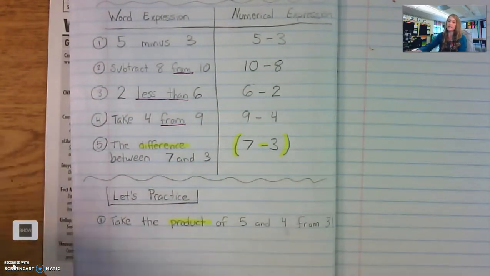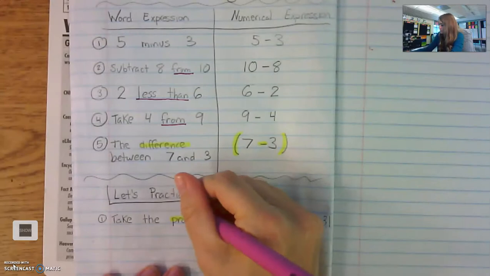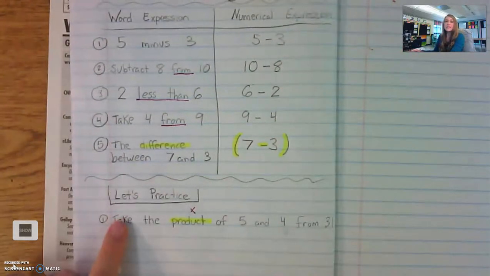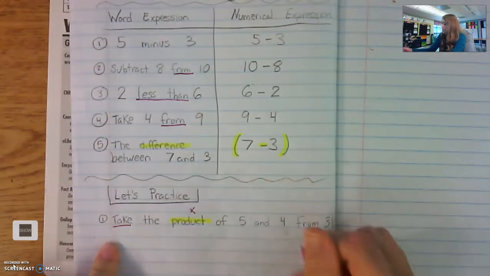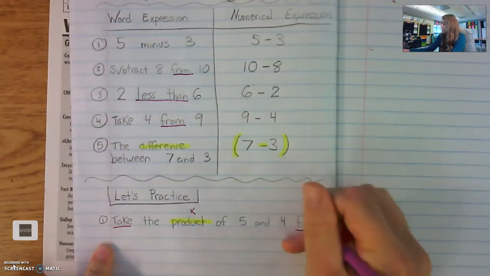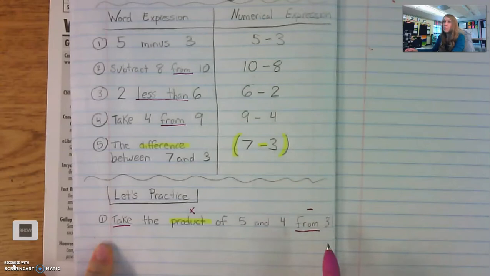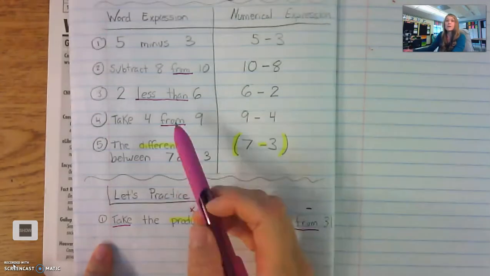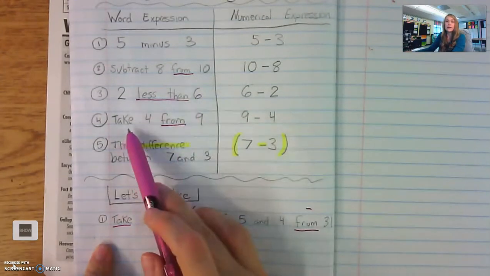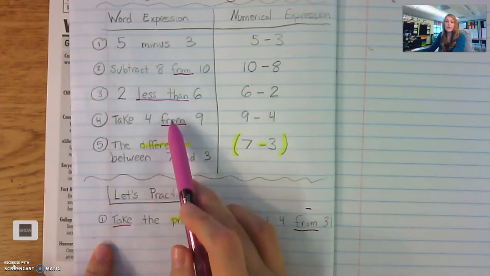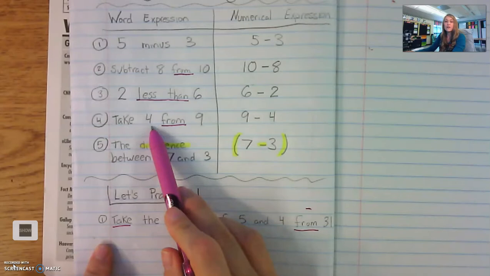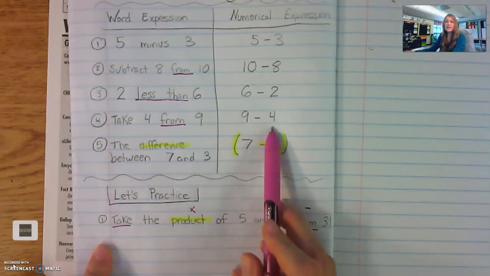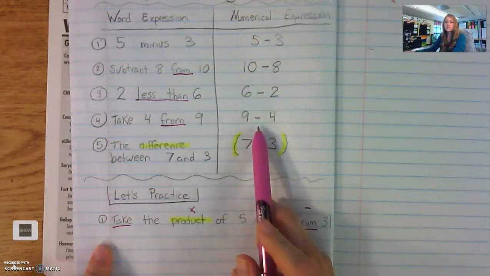Product tells us multiplication. But we see the take from. The take from is going to tell me subtraction. And that from, there it is right there, take from. So it tells me that I'm going to need to write it backwards. What I see first needs to go at the end of the subtraction equation.